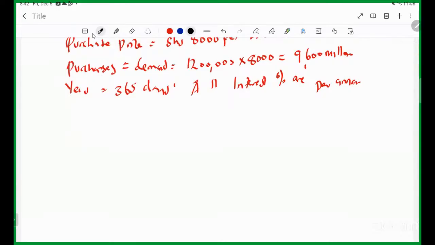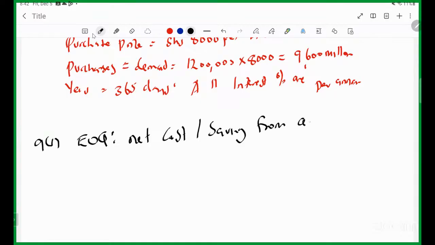Thank you. By the way, you must be organized. Some of you think you just compute. You don't just compute. Come and tell that person what you are answering. I am answering A, part 1, and then the heading of what you are answering, and it is EOQ, that is the net cost versus the saving from adopting EOQ.